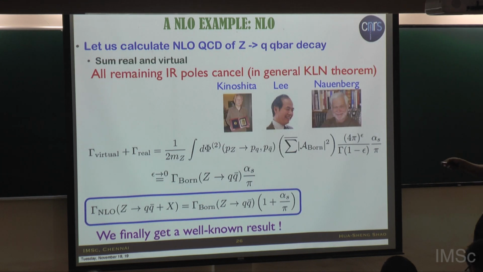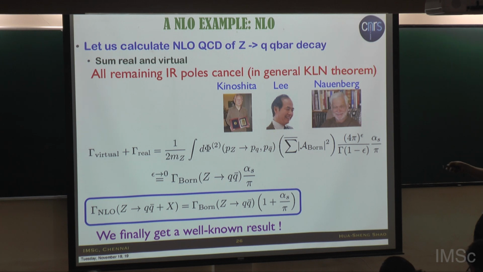So in general, this example already shows you that if you include the real and virtuals, all the poles cancel. Of course, the virtual needs a renormalization to cancel the UV poles. But in general, all IR poles cancel. There is a proof in quantum field theory by Kinoshita, Lee, and Nauenberg, the well-known KLN theorem.